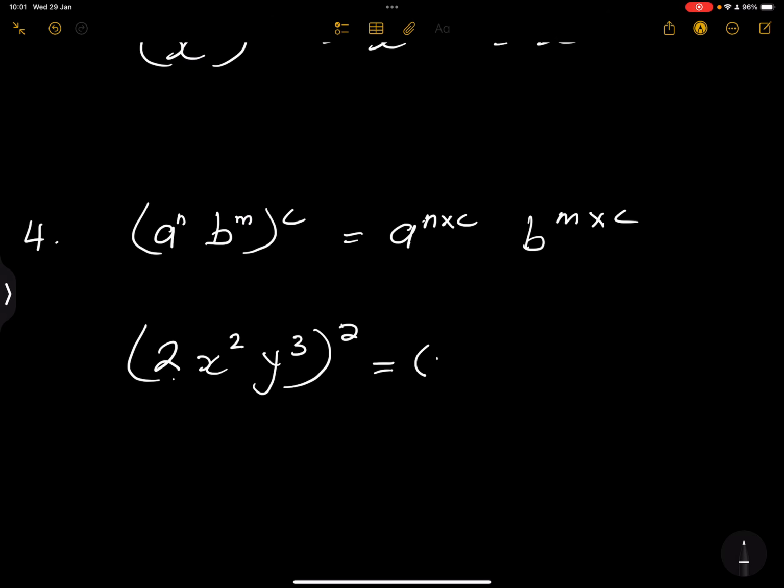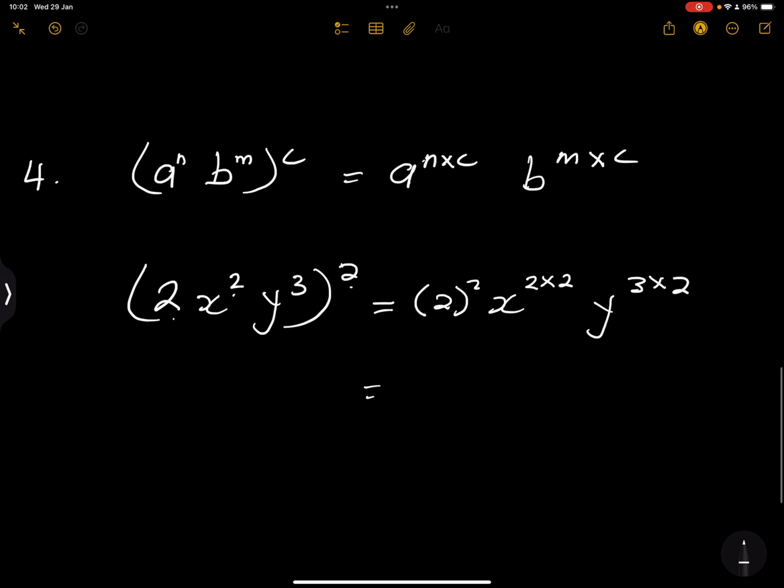So you're going to have 2 squared, x to the power of 2 multiplied by 2, that 2 and that 2 multiply with each other, multiplied by y, raised to the exponent 3 multiplied by 2 as well. So what's our final answer?